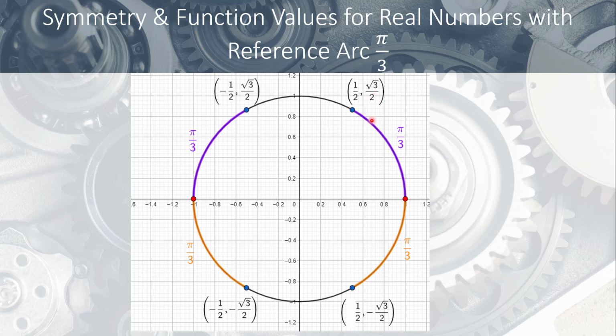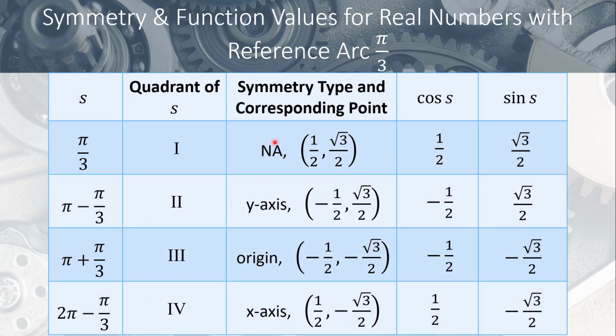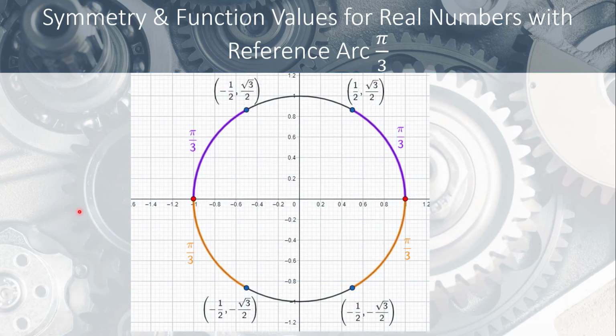As a consequence, the cosine of pi over 3 is the x value, which is 1/2, and the sine of pi over 3 is root 3 over 2. All right, now let's take a look at pi minus pi over 3. That is this particular point here. Notice that this point lies here, and we have symmetry about the y-axis.